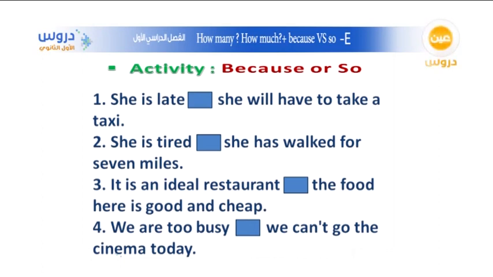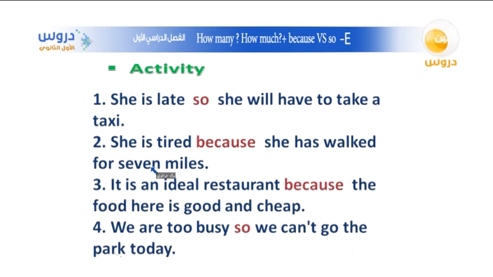Alright, Mr. Saleh is saying so, and Mr. Ahmed is saying also so. We are too busy. We cannot go to the cinema. Alright, let's ask Mr. Computer to give us the answers.